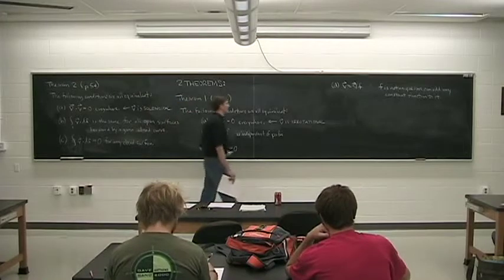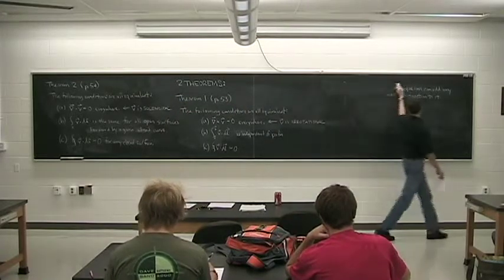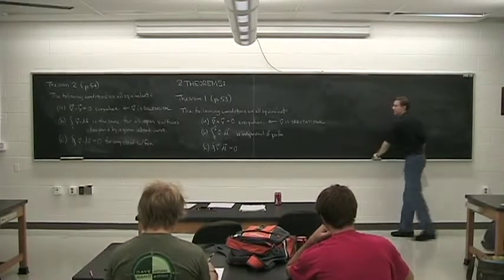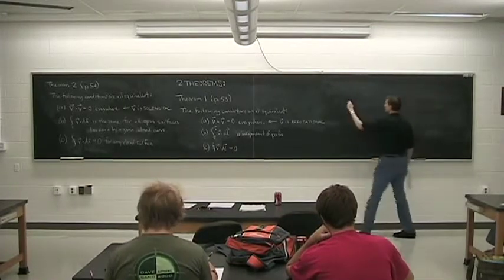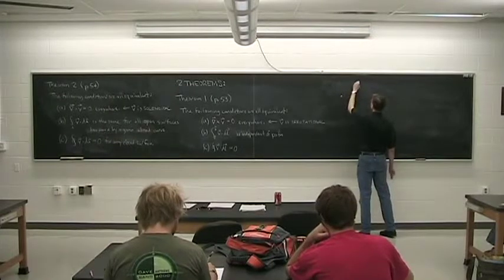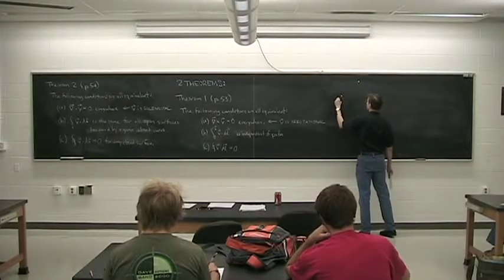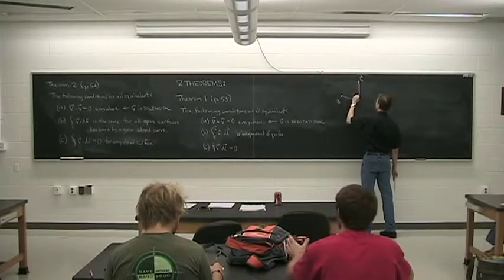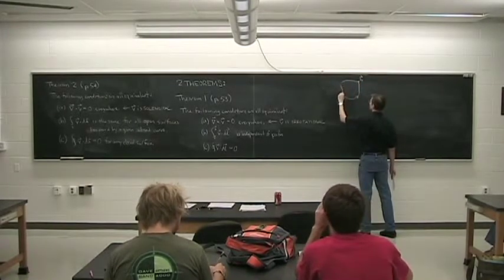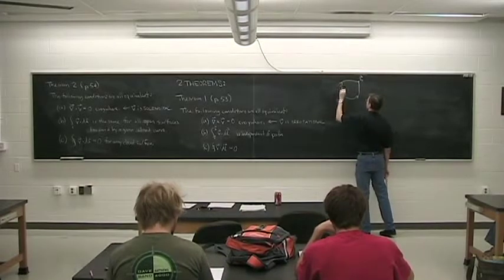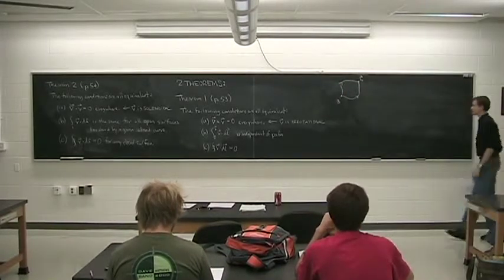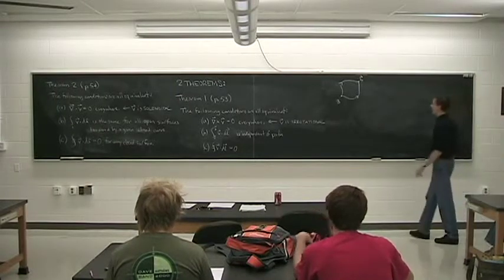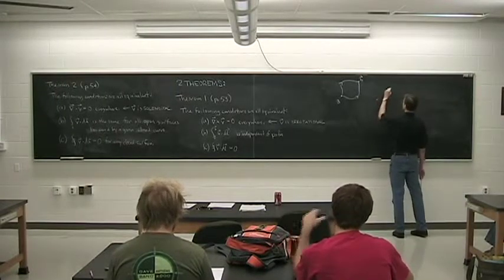And here we should comment on a similarity between conditions B and C for both theorem 1 and theorem 2. Namely, for theorem 1, remember if we've got two endpoints, we said that if the line integral is independent of path, it follows that the line integral around any closed path is 0.